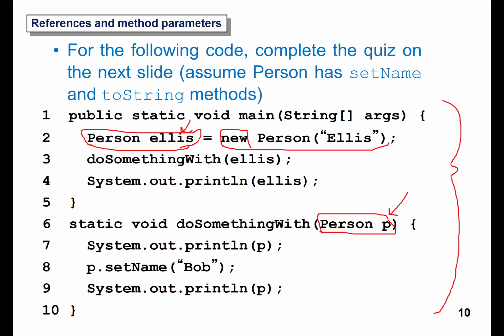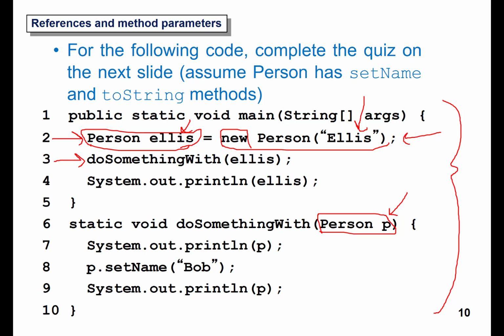Does line 4 print Ellis? So in line 2 I create the reference Ellis, and I assign it this object, and I initialize its value to Ellis. So line 3 goes to another method. So let's see what's happening in that other method.